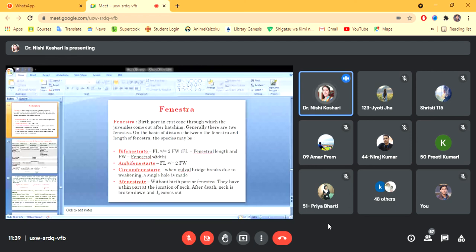They just tear that part and come outside, and that is called fenestra. The fenestra length and width differ, and the cyst is called bifenestrate, ambifenestrate, circumfenestrate or afenestrate. These are also very important if you can remember that.